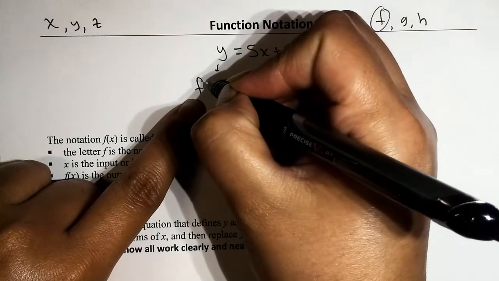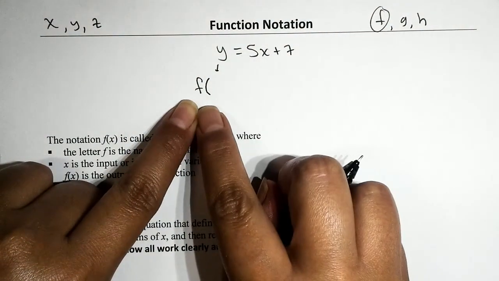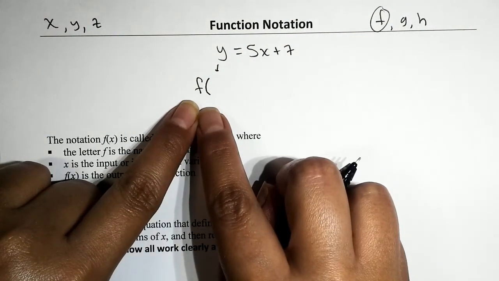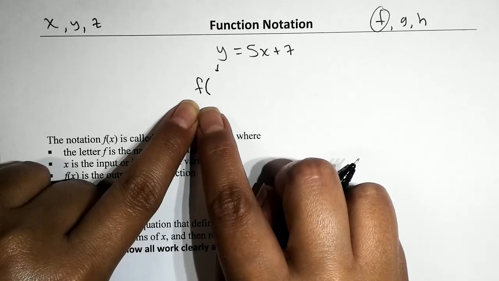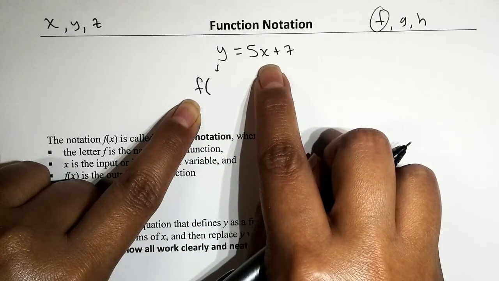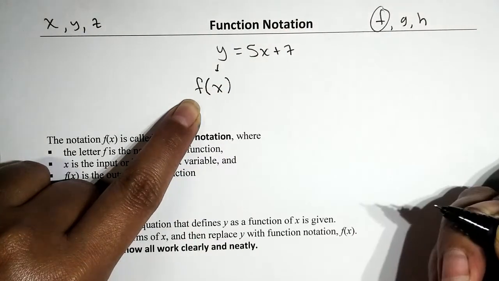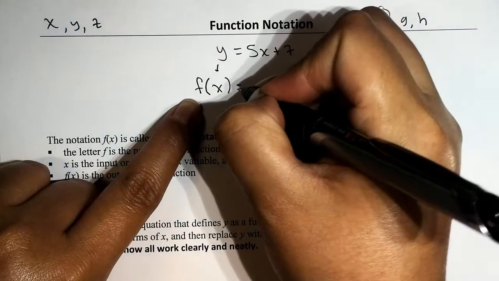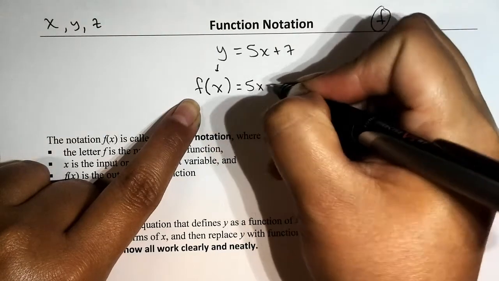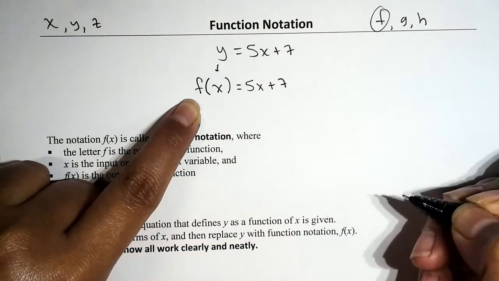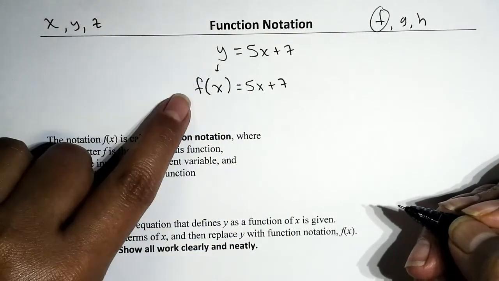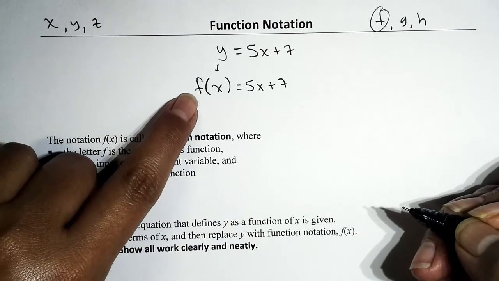So we use open parentheses and tell the reader f is a function of what? f is a function of this variable. So f is a function of x, and then we close the parenthesis. And f of x equals 5x plus 7. So pretty much we're swapping out y for function notation, which is f of x.